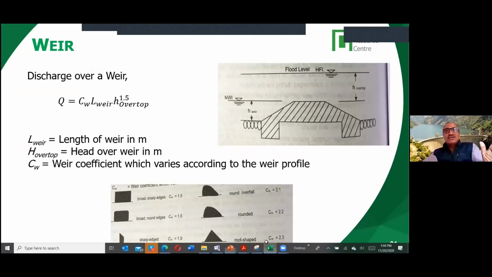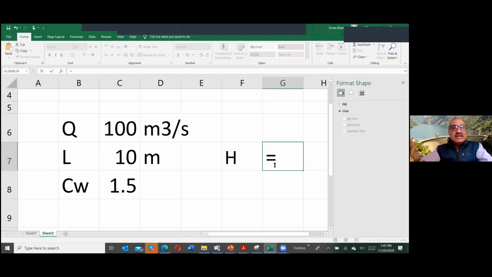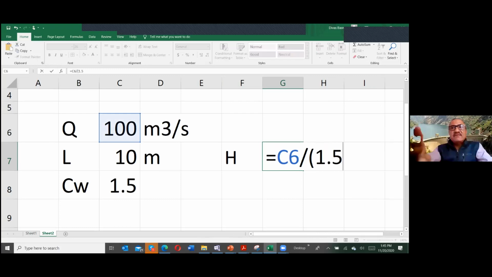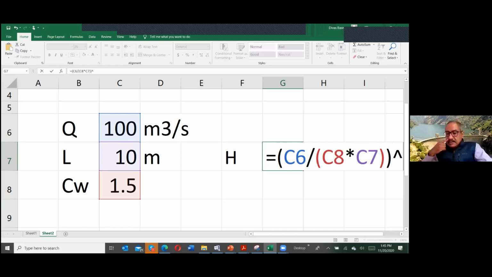Rearranging, H equals Q divided by C times L, all to the power 2 by 3.